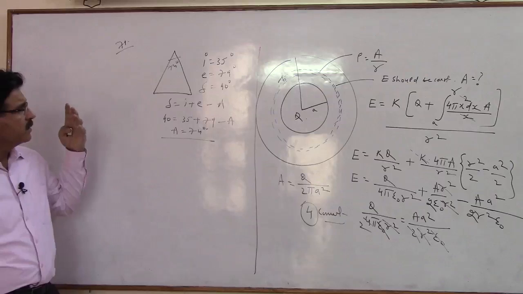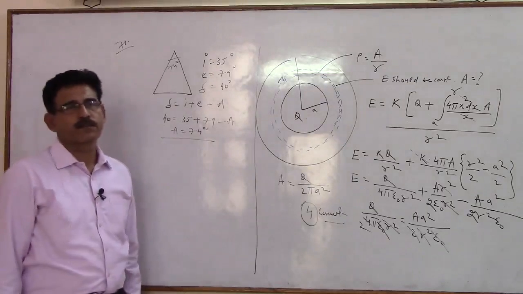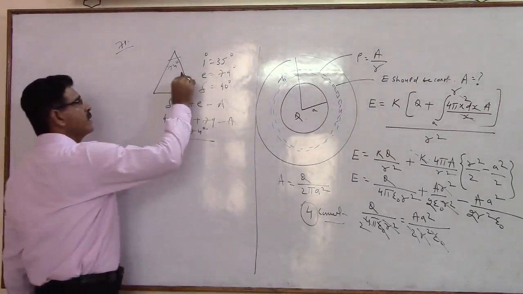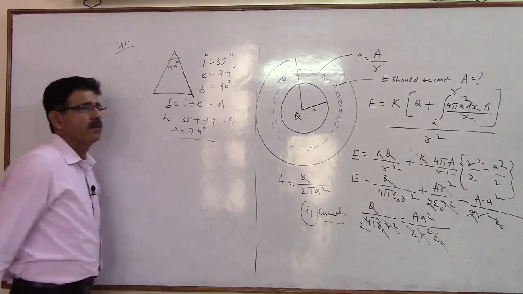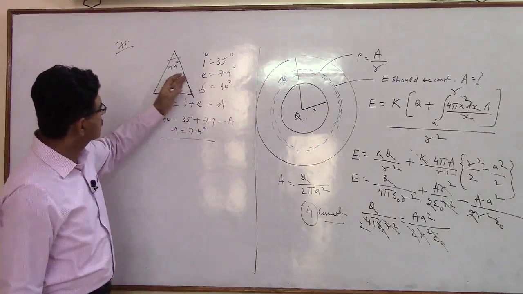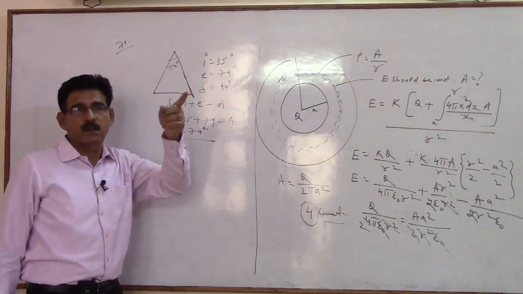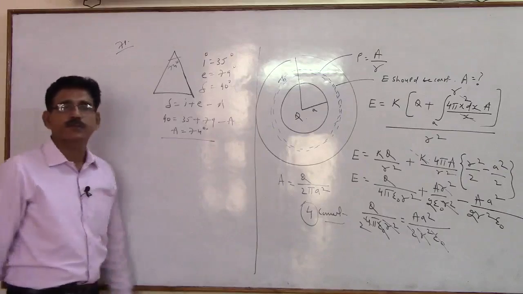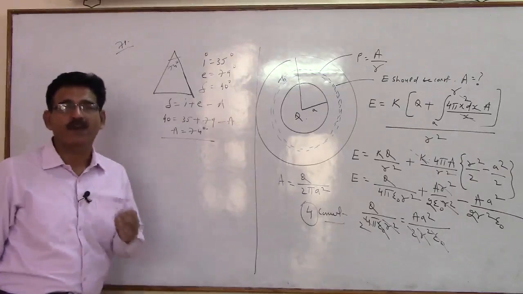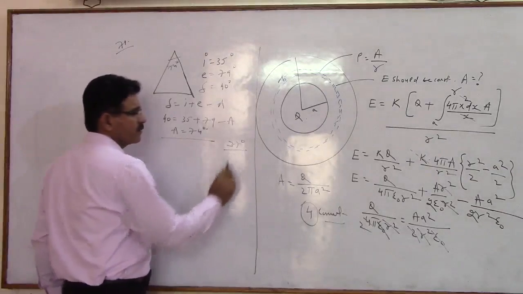Now, when we talk about grazing emergence, try to recall what the concept was. If the light has to come along this surface, then TIR takes place and the light doesn't emerge, that is the condition of no emergence. And if you recall, the condition was mu should not be greater than cosec A by 2. You know A here, so A by 2 will be 37.